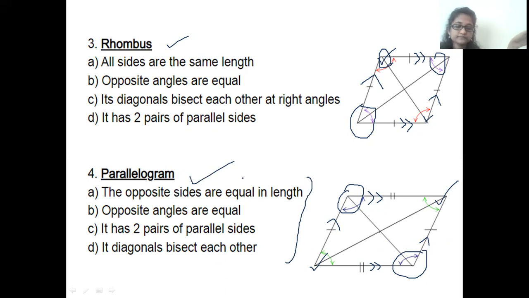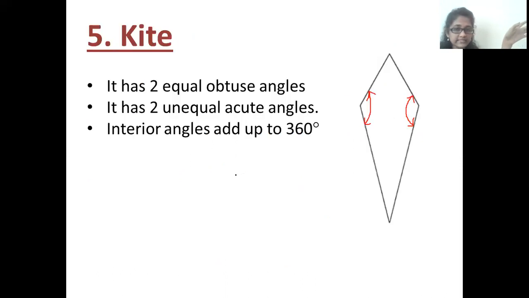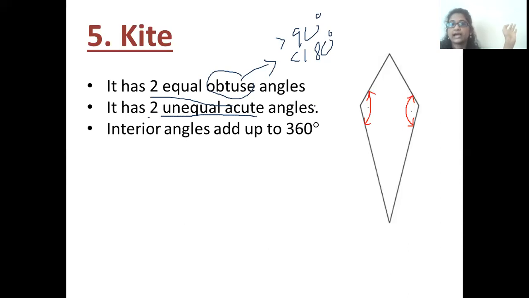All right, and the next one is a kite. So a kite has two equal obtuse angles. Obtuse angle means an angle more than 90 degrees and less than 180 degrees. So we can find the obtuse angles here in a kite. These two are equal. And also a kite has two unequal acute angles. Acute angle means an angle less than 90 degrees.